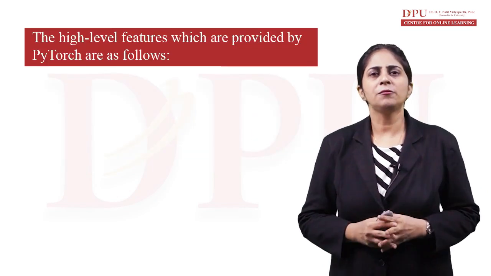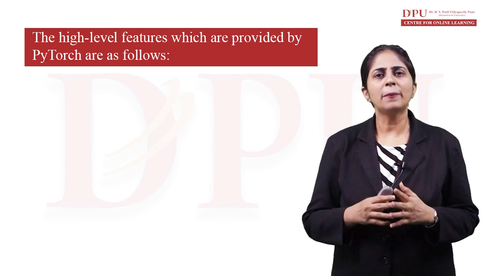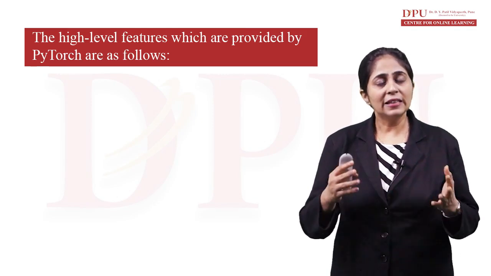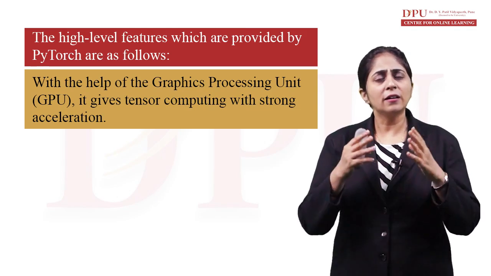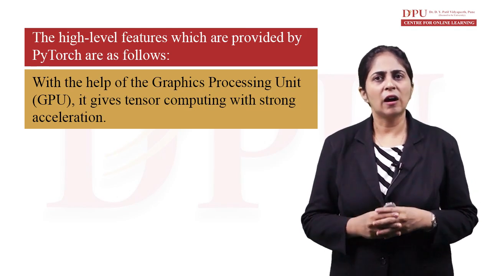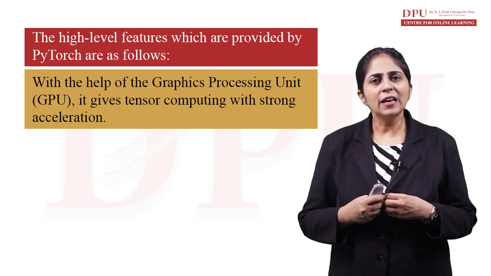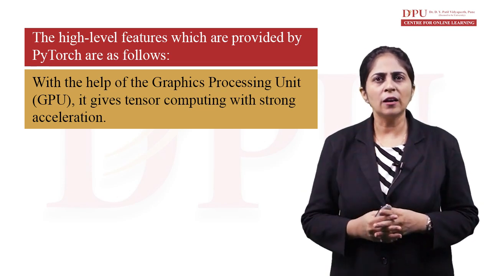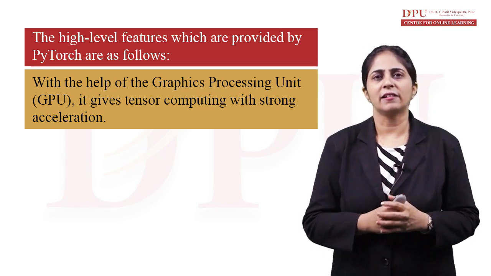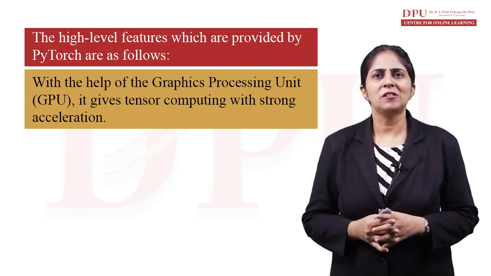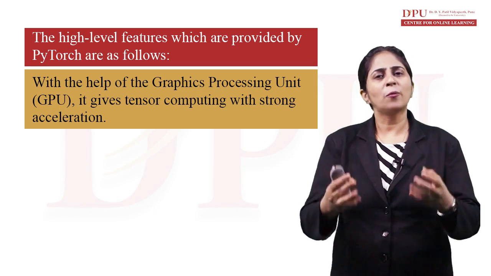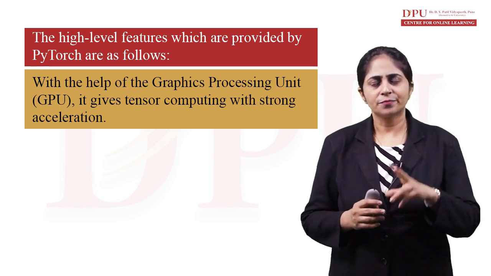The high-level features provided by PyTorch are, first of all, tensor computing with strong acceleration with the help of graphics processing units, or GPUs. So this is the first high-level feature provided by PyTorch.